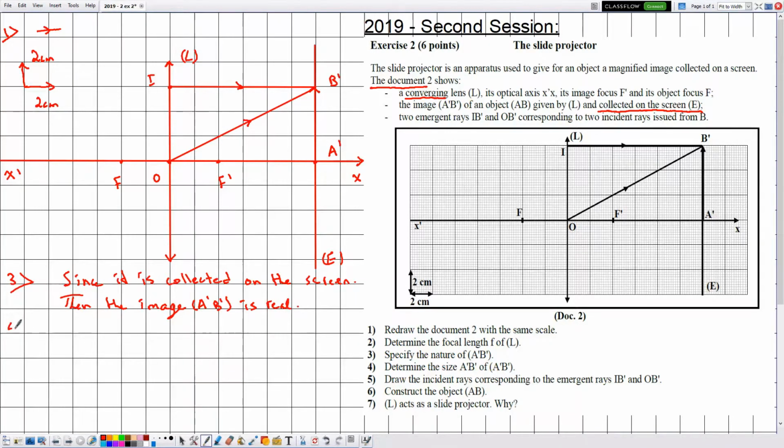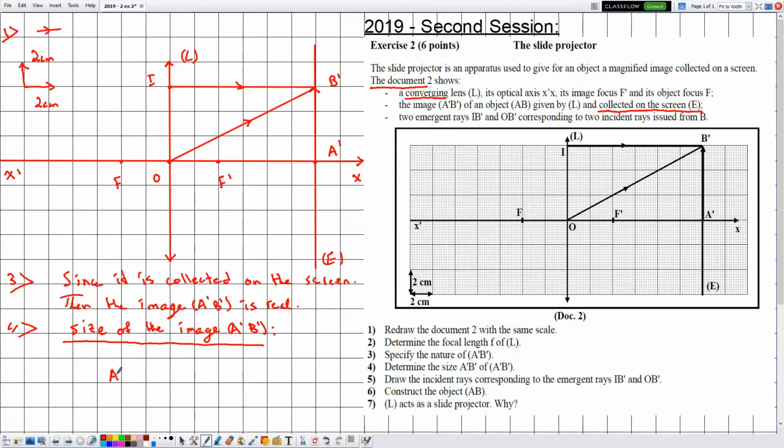Now in number 4 they are telling me to determine the size of A prime B prime. So in other words, we need to calculate graphically the size of the image A prime B prime.